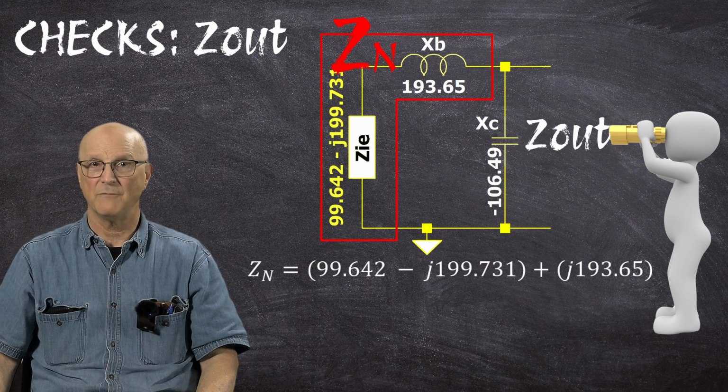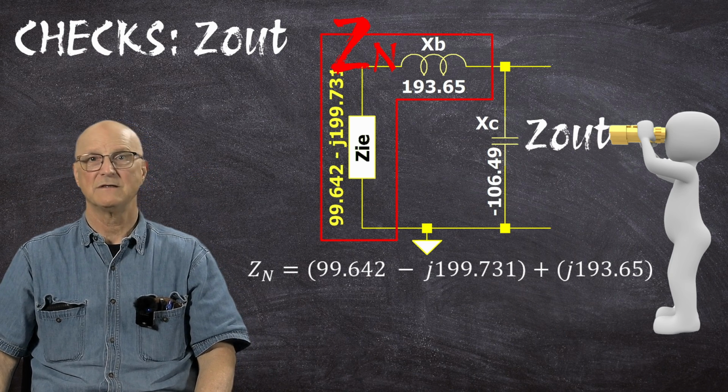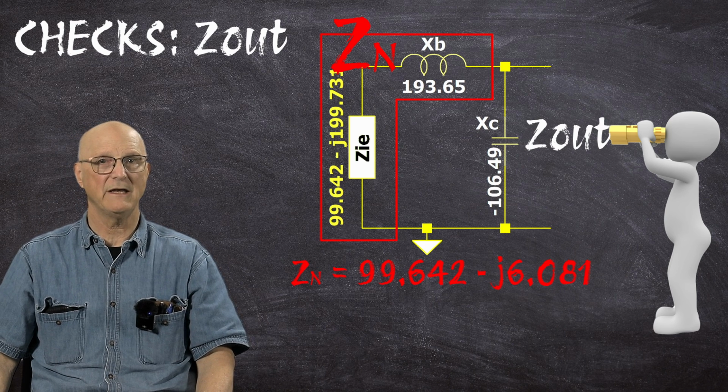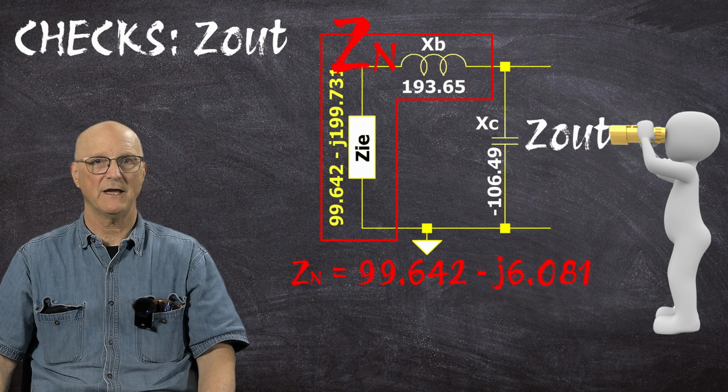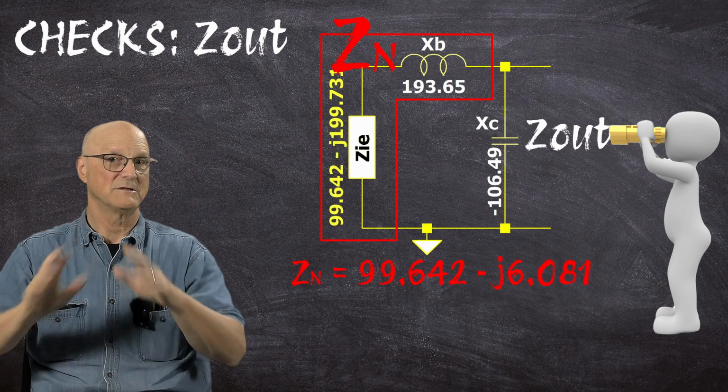And as before, I'm using Octave to do the math. Zn is equal to 99.642 minus j6.081. Now, we're not done yet.